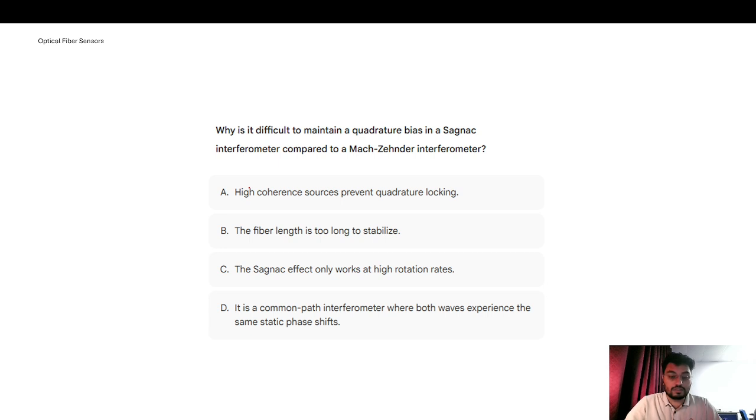The third question is, why is it difficult to maintain a quadrature bias in a Sagnac interferometer compared with a Mach-Zehnder interferometer? So why is it so difficult?